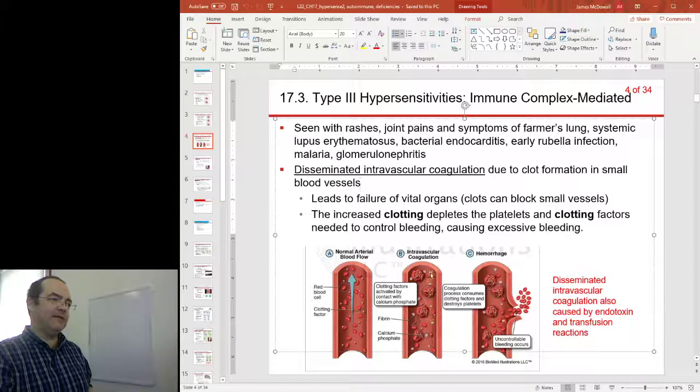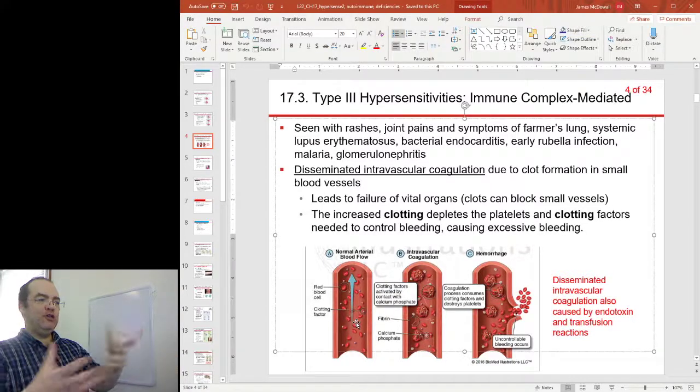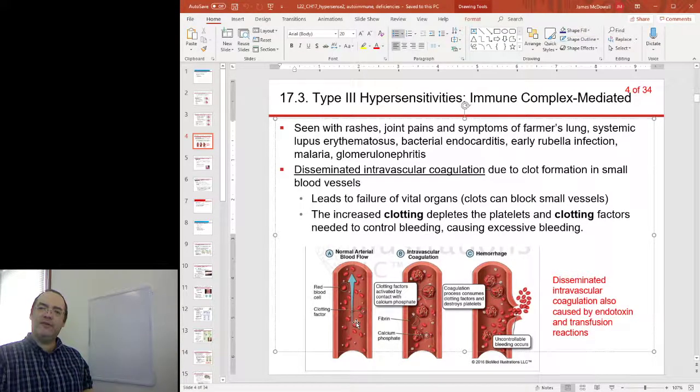But in addition to that, all of this excess clotting, all these little clots, they use up all of the clotting material. And so when there is damage to the walls of our blood vessels and blood starts to leak out, there are no remaining clotting factors to put an end to that bleeding.